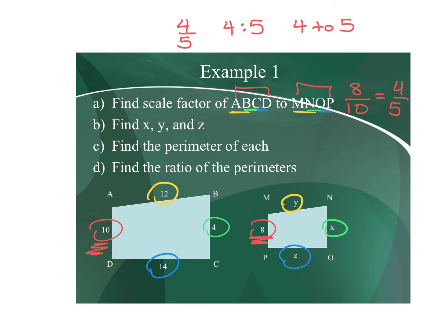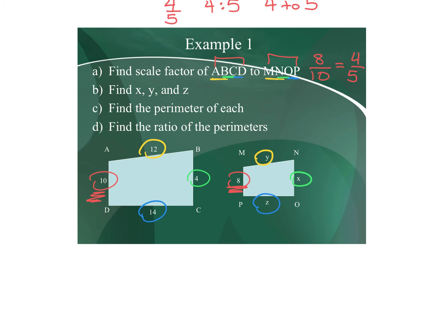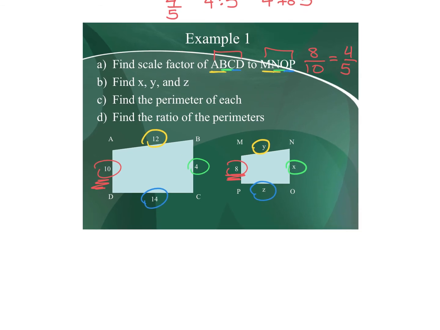So what I'm going to be doing is I'm going to use that scale factor now, and I'm going to set up proportions to find the value of those variables. So to find x, and x was in green here. I'm going to do it in black so it'll show up better.